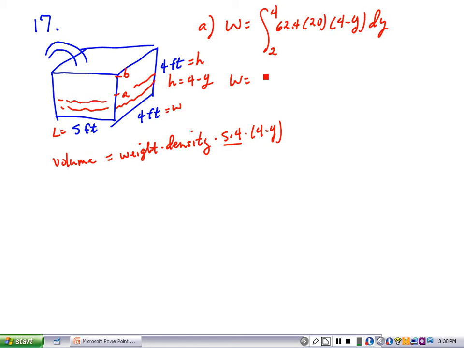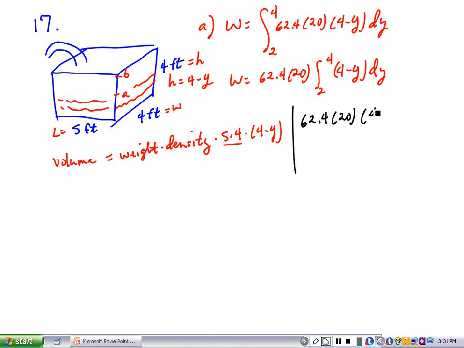So the work is, let's bring out all the constant terms. The integral from 2 to 4, 4 minus y dy. And so this is 62.4 times 20 times 4y minus y squared all over 2.